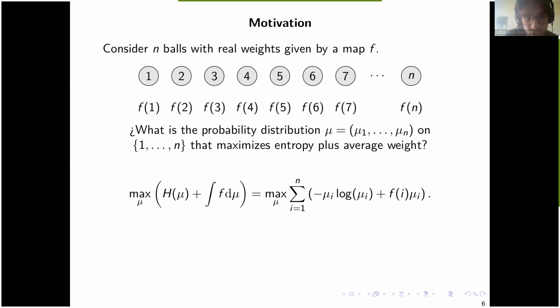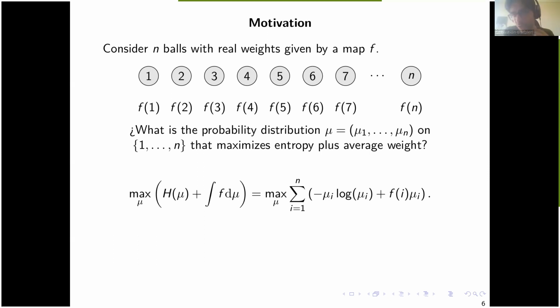So essentially, I want to find the measure which maximizes the entropy plus the integral of f. That's maximizing over mu the entropy, which is the sum of minus mu_i log mu_i, plus the integral of f, which is just the sum of f(i) times mu_i. There's some reason from physics why this might be interesting. And the answer is the famous Boltzmann distribution. It's not a hard problem.